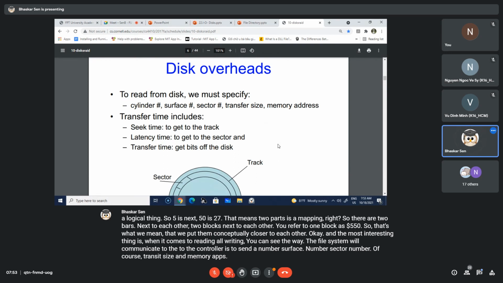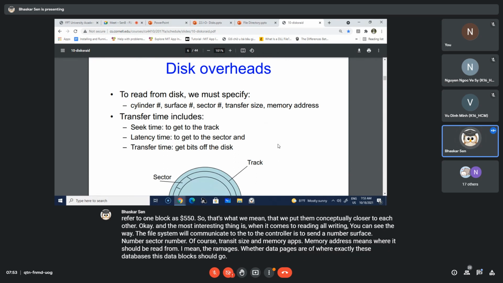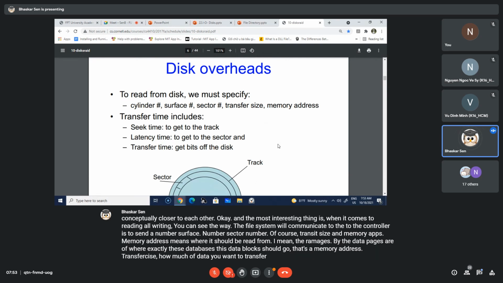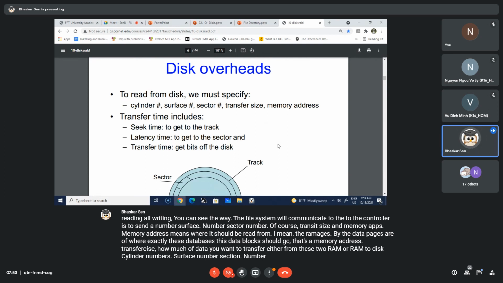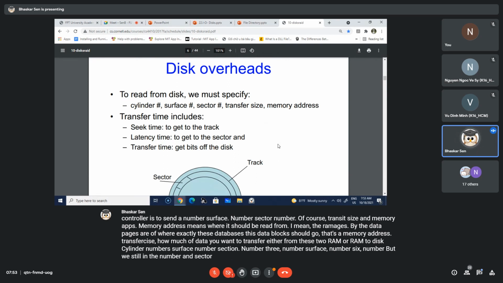Memory address means the RAM address, where the data blocks should be read from or should go. Transfer size is how much data you want to transfer, either from disk to RAM or RAM to disk. But the cylinder number, sector number, and also track number are logical things.